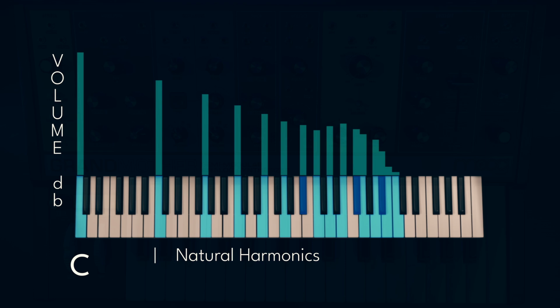Of course, if we looked at real spectrometer measurements, you would see that there are many more overtones than just the harmonics, and that's due to other factors than just the sound generator, such as an acoustic resonance chamber and other resonators that you can find in an instrument. And in our case, in the synthesizer, it also has to do with which type of waveforms we choose in our oscillators or sound sources.